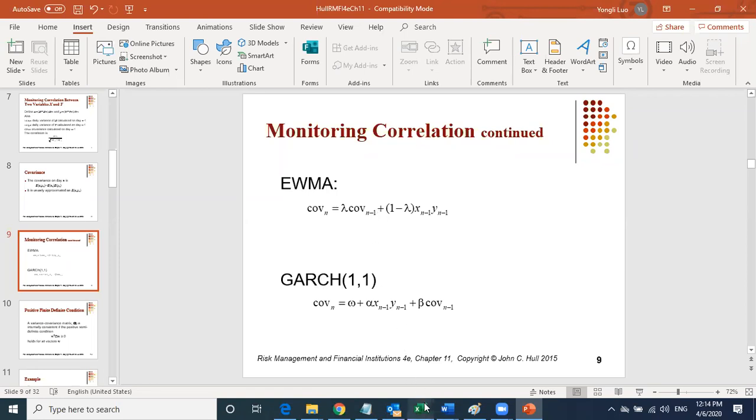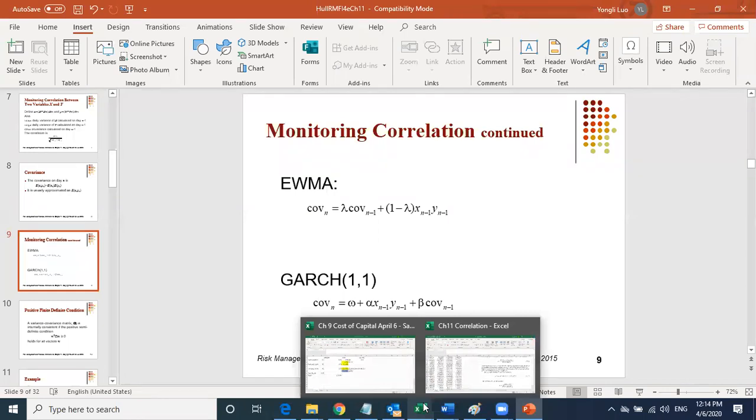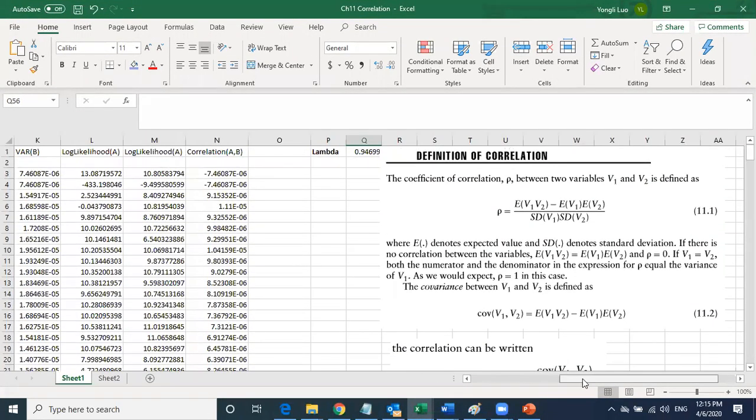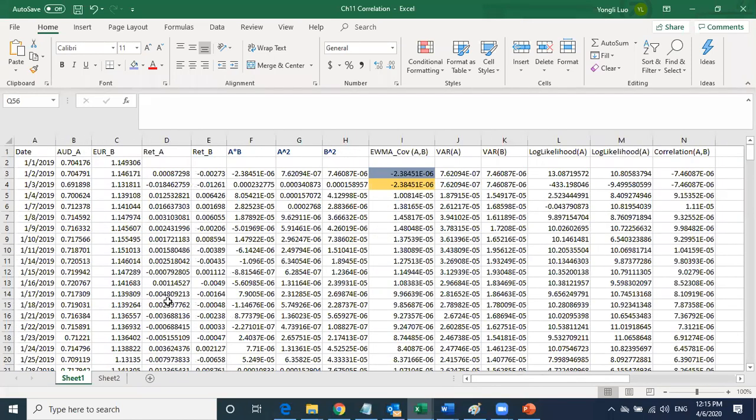This is what we typically do. I'm going to upload this file to Blackboard. For example, we have the price and the date of the Australian dollar and the euro, the foreign exchange rate of the Australian dollar and the foreign exchange rate of the euro.